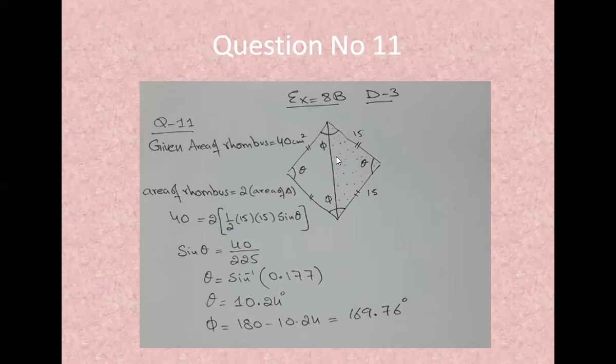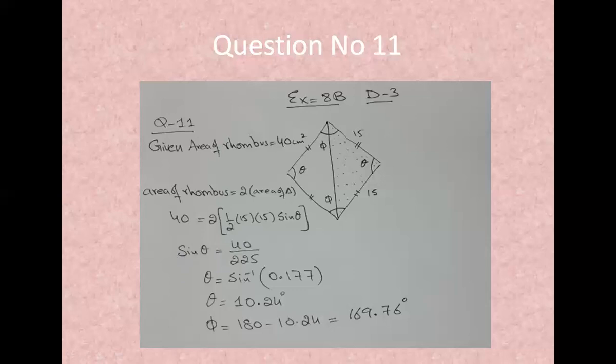I already know that the area of the rhombus is 40, and that will be equal to 2 times the area of this triangle, that will be 1 by 2 into 15 into 15 into sine theta. So the 2 and 2 will be cancelled, and 15 times 15 is 225. I will take all this to the other side of the equality, so you will have sine theta equals 40 divided by 225. So I will make theta alone.